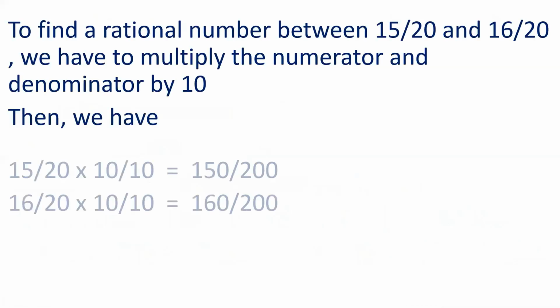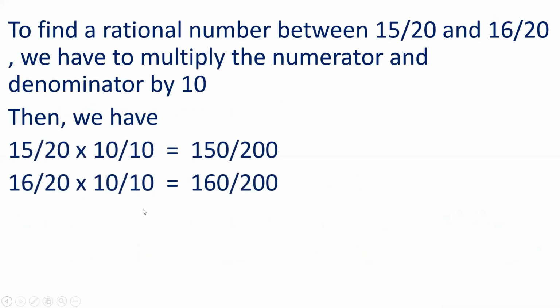So again we have to multiply 15 upon 20 by 10 upon 10 and 16 upon 20 again by 10 upon 10. So we will get 150 upon 200 and 160 upon 200.